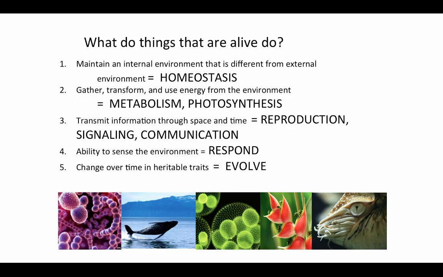And then finally, we've come back over and over again through the course to this list of things that all living things do, and we've seen section by section how homeostasis is maintained, energy management, transmission of information through space and time, through time being from generation to generation, through space being through some sort of complex multicellular body, or between different organisms, and how organisms respond to the environment.